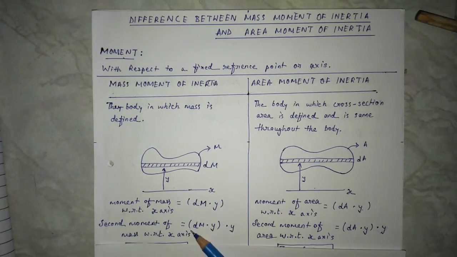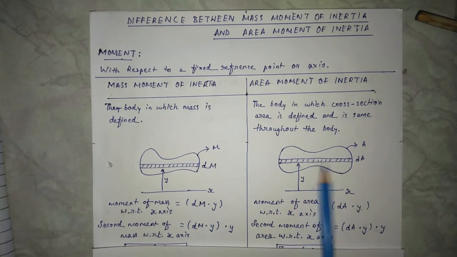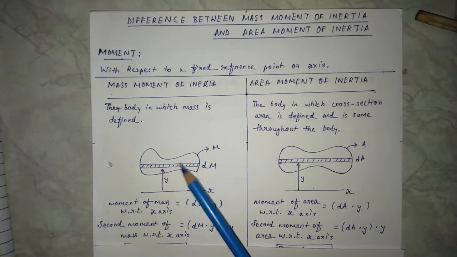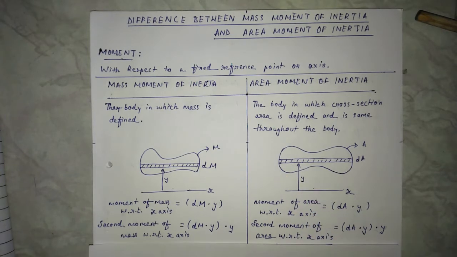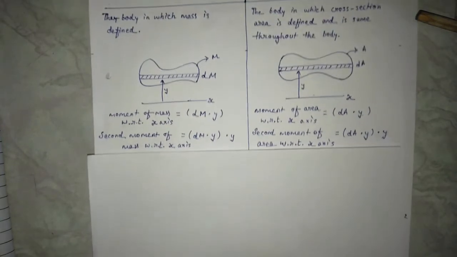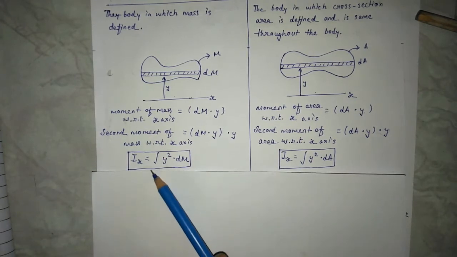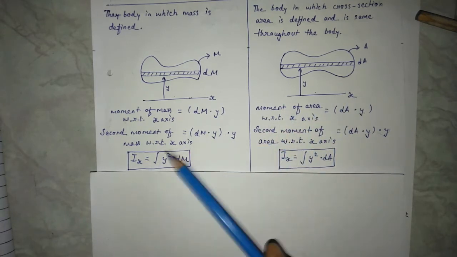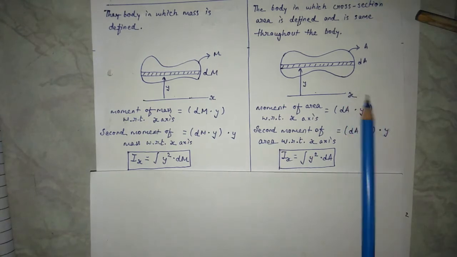Now we have the second moment for this thin portion. If we want the second moment of mass and the second moment of area for the whole body, we need to integrate. When we integrate, we get the mass moment of inertia here and the area moment of inertia here.